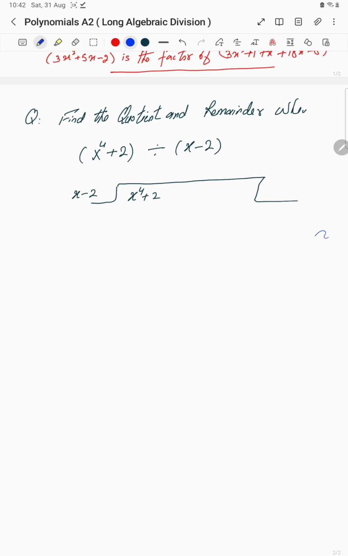As I told you, in the rough work, here a small rough work, you can see both dividend and divisor are written in their descending order.